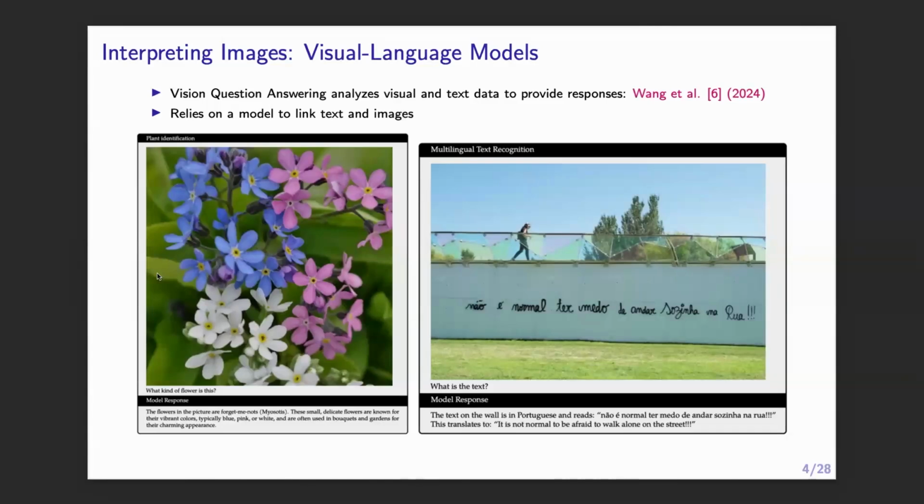And when I ask what is the text, the model is able to first determine that it's text written in another language, read what the text is, and then translate it into English.